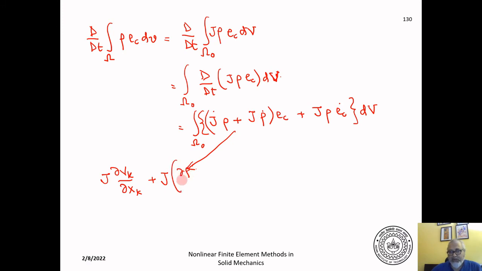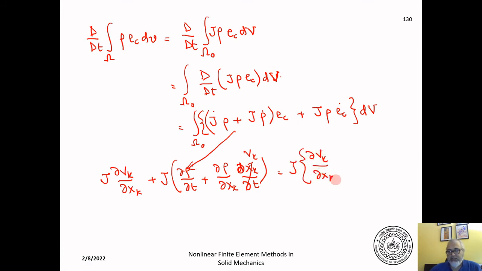Rho dot will be del rho del t plus del rho del xk dxk del t, which is the same as vk. So this is equal to j times del vk del xk plus, there's a rho here, I missed it, so it is rho times del vk del xk plus del rho del xk vk plus del rho del t.